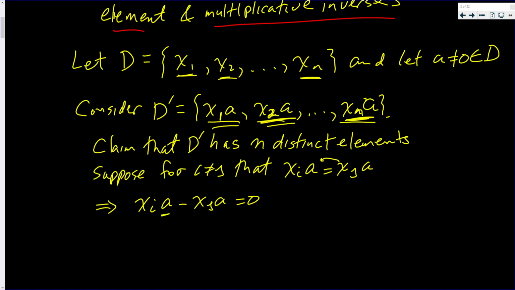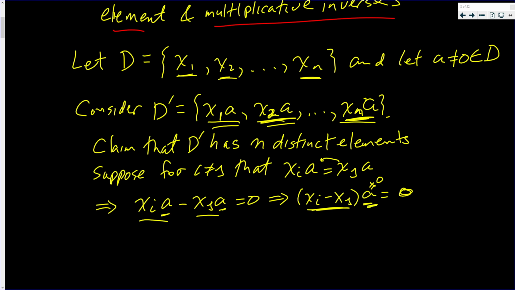On the right-hand side of each term I have an a, which I can factor out on the right. So I get (xi minus xj) times a is 0. But we're in an integral domain, and we know that a is not 0. The only way the product of two things can be 0 in an integral domain is if one of them is 0.